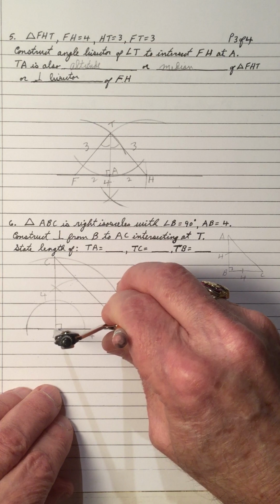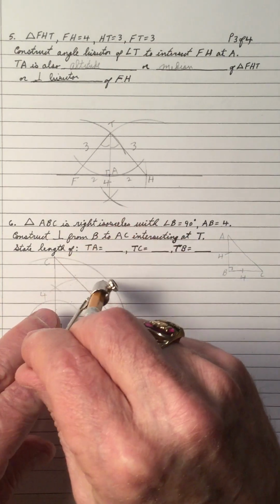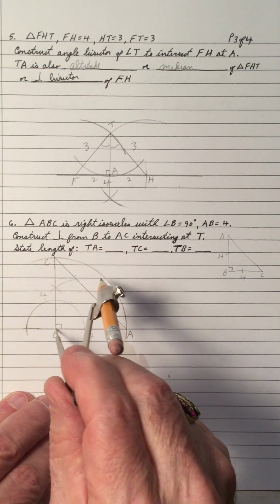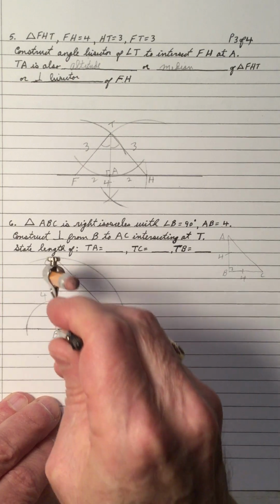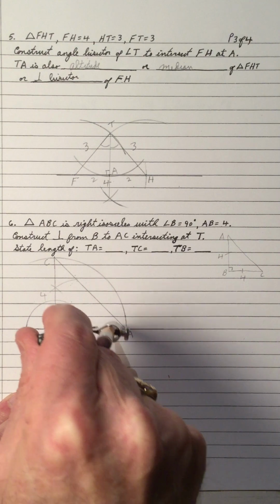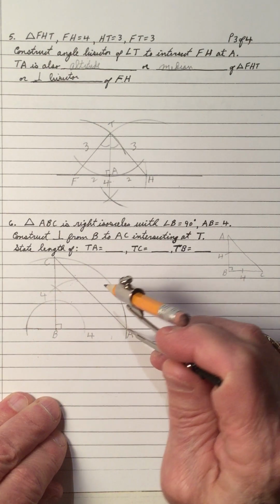I could use this arc, which I already have there, or I can shorten the distance and draw a smaller circle with a smaller radius. But let's use the arc I already have there.